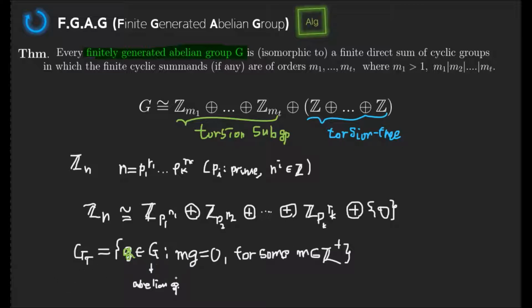Literally, when summed m times, it comes to the identity element.